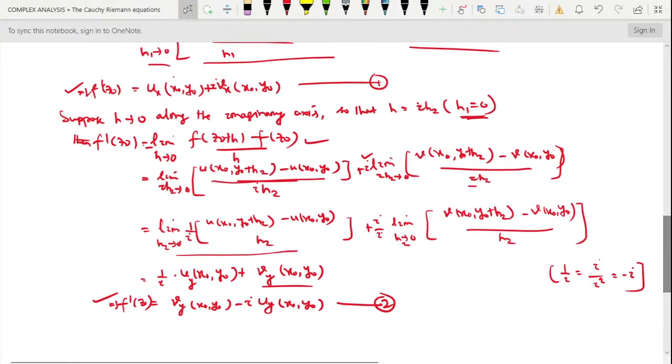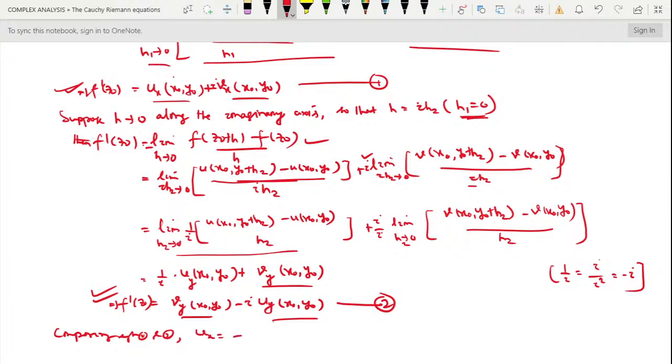So by comparing equation 1 and 2, the real part will be equal to the real part and the imaginary part will be equal to the imaginary part, because the left hand side is the same, f dash z naught. So what we will write is that u_x is equal to v_y.